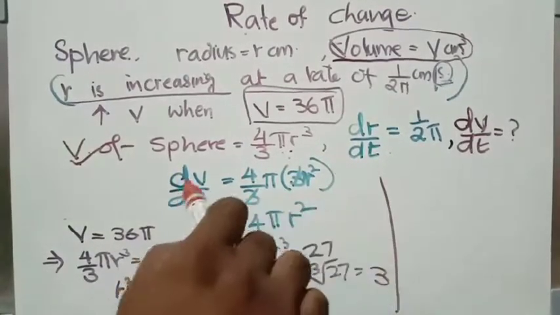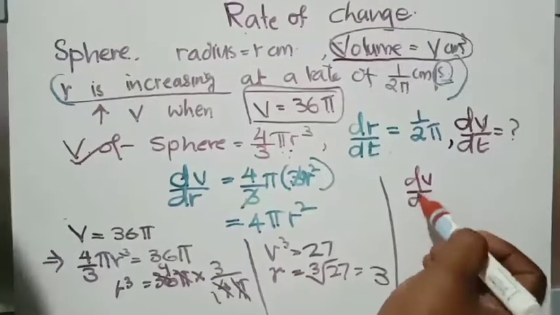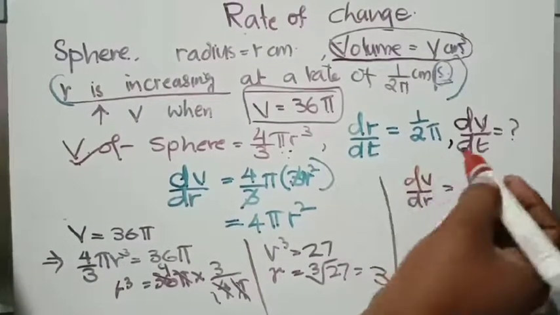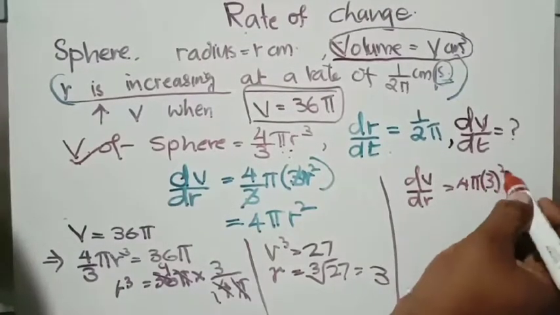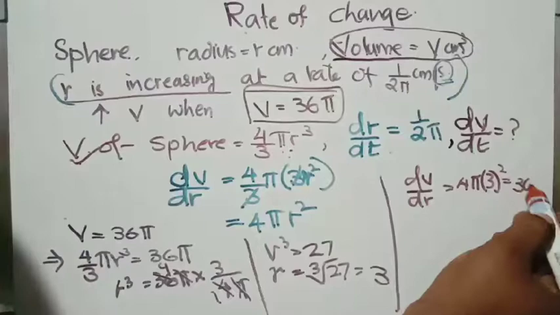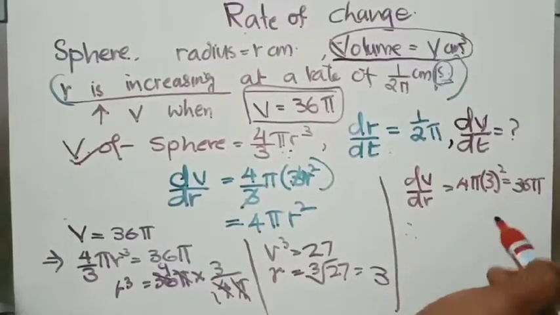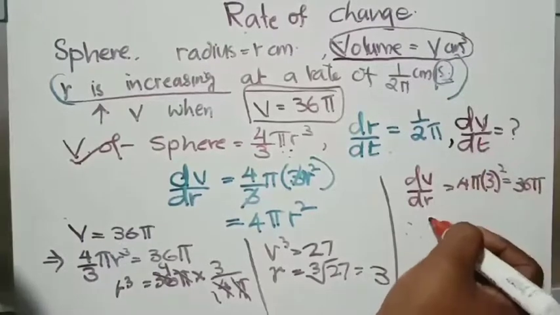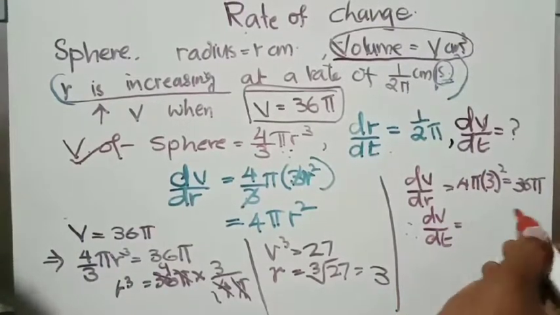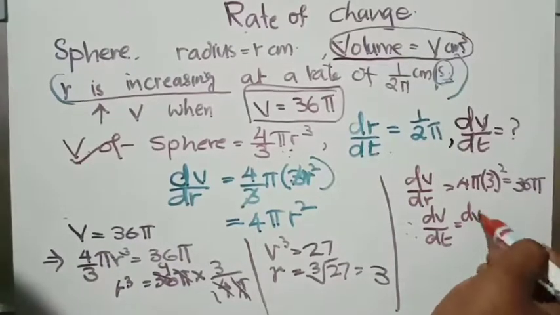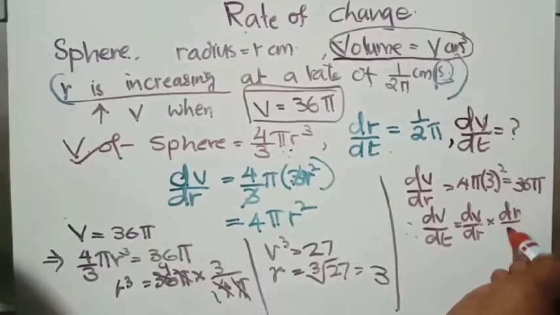So that dV by dR becomes 4 pi R square, that is 4 pi 3 square, that is equal to 36 pi. Therefore, our required answer, dV by dt is equal to dV by dR multiplied by dR by dt.